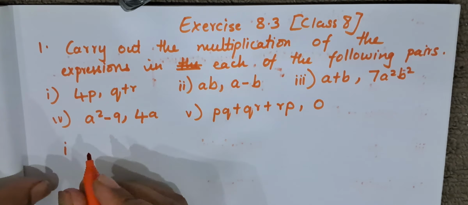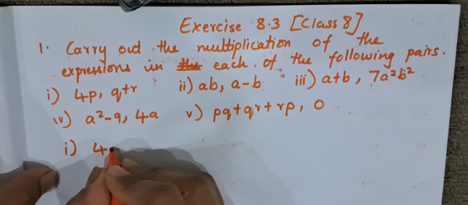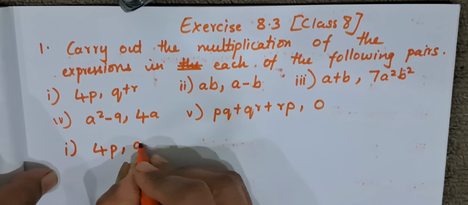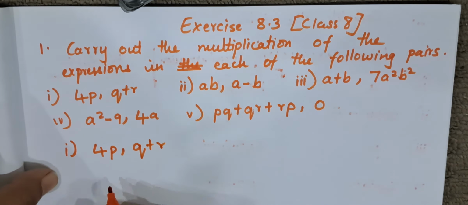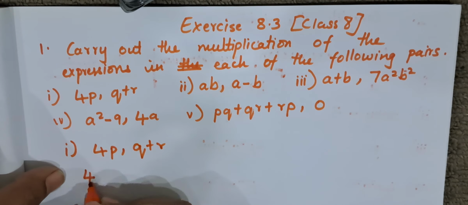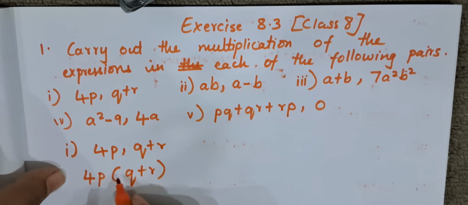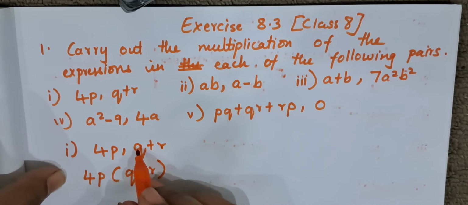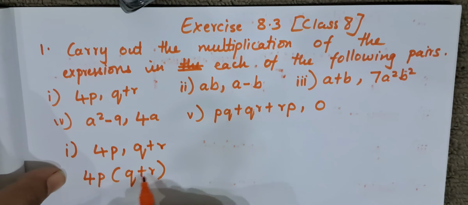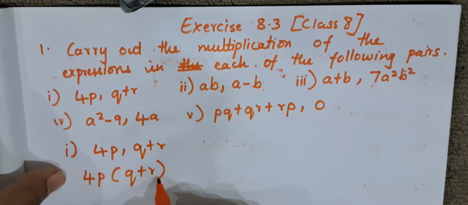First one is 4p, the first expression, and q plus r is the second one. We have to multiply 4p with q plus r. We will put a bracket because in this one there are two terms, one is q and one is r, and they are added together. So 4p gets multiplied with q and 4p gets multiplied with r. We have to multiply them and then put the addition sign.